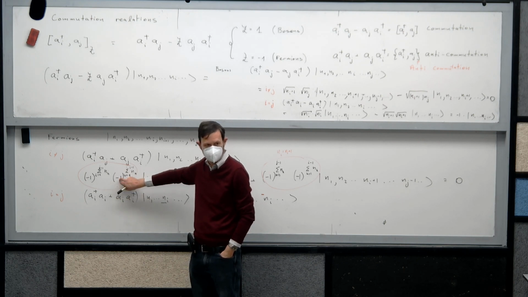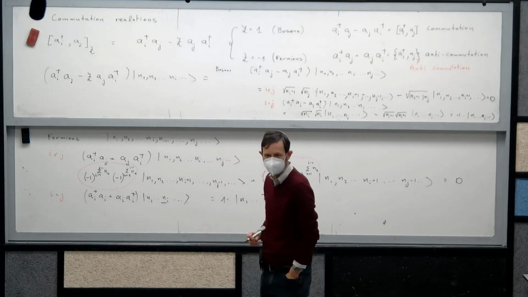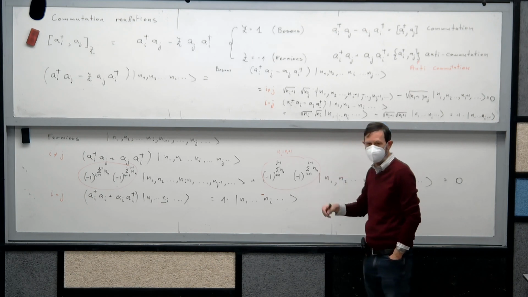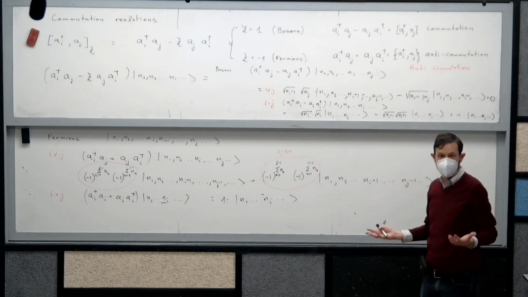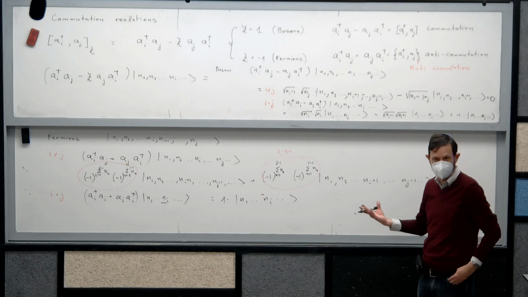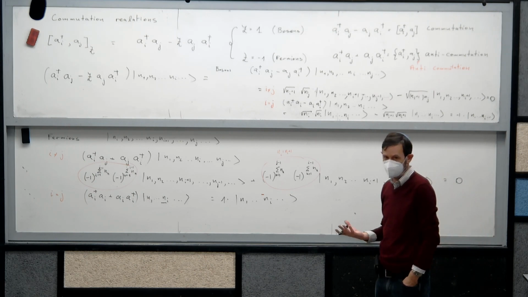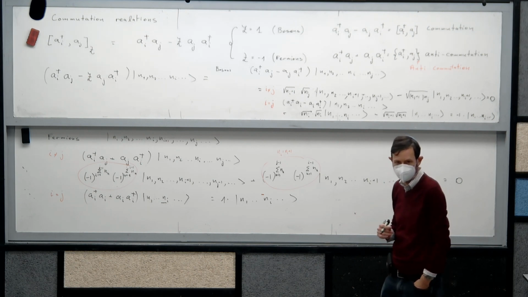It would make a huge difference in the result, not taking it into account. And second, we see that for either the bosons or the fermions, we had to define the commutation and anti-commutation relations in order that we'll get this delta ij. Otherwise, we wouldn't have gotten the result.